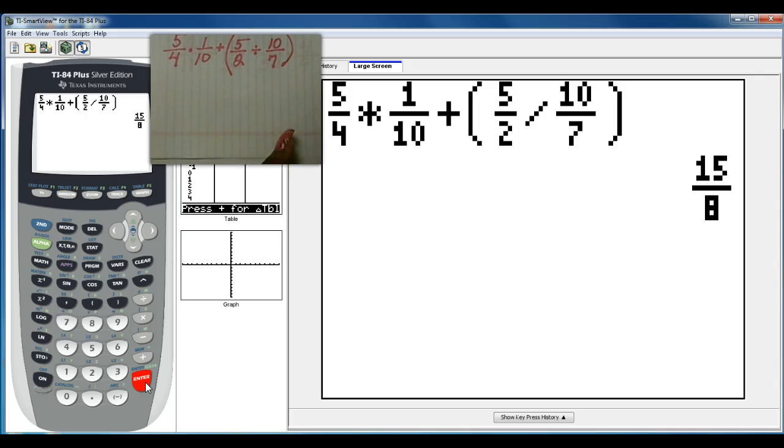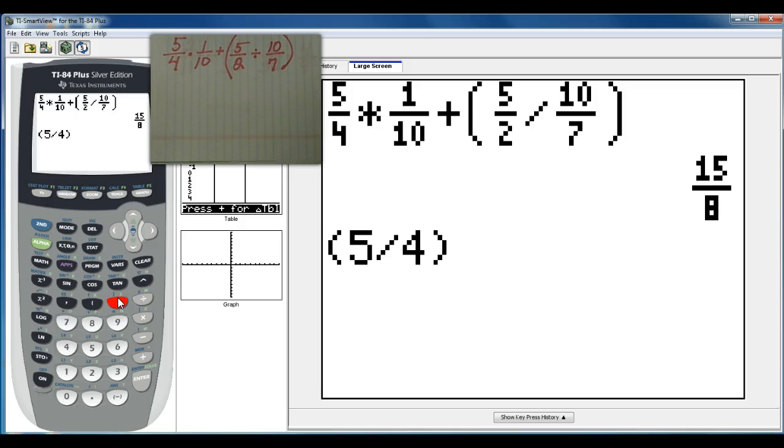So that's what we're going to do the first time, all right? So I'm going to go about doing it that way. All right, 5 over 4 I'm going to put in parentheses. And I'm going to go through and do exactly the same thing I did, but only now I have to use the parentheses.